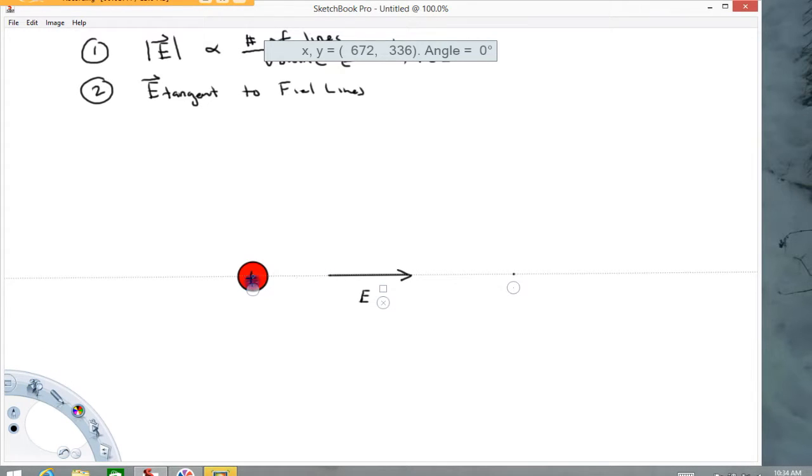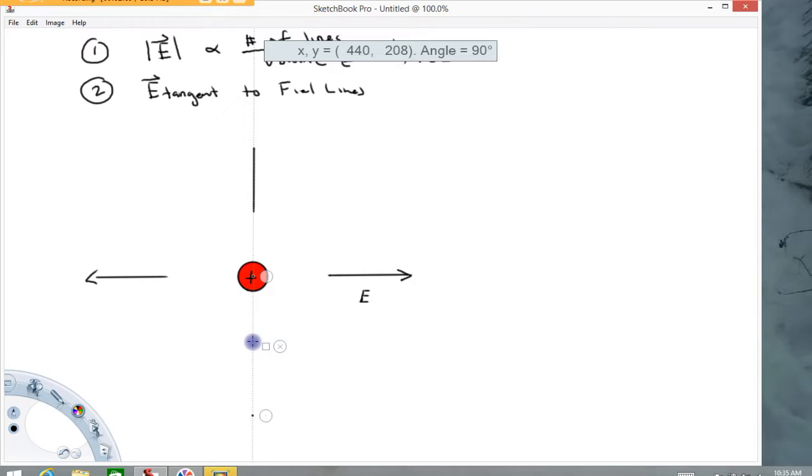Now, if I were to come an equal distance to the left, there would be another electric field vector of the same magnitude. Again, if I go an equal distance, there's no reason to think the field here is going to vary compared to the one over here. Now I'm going to do some on the vertical. If I come up, same distance away, there's an electric field vector that points this way.